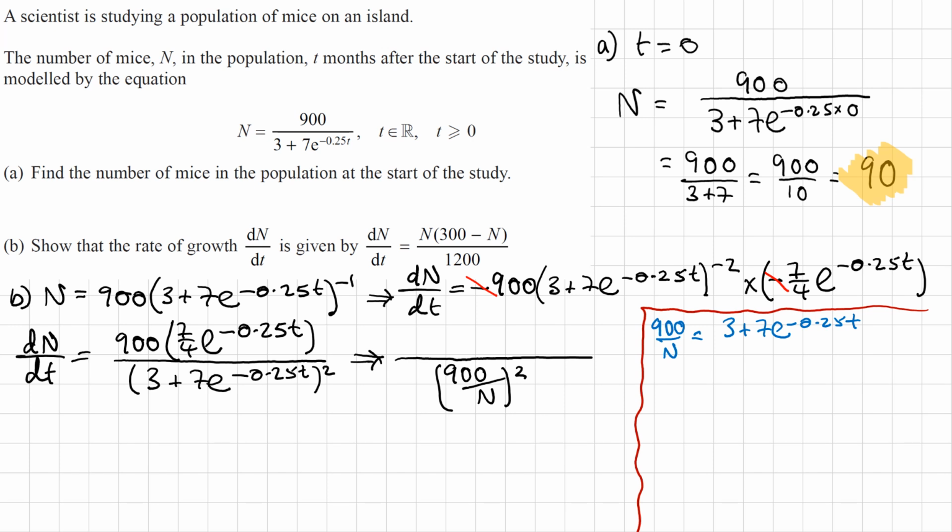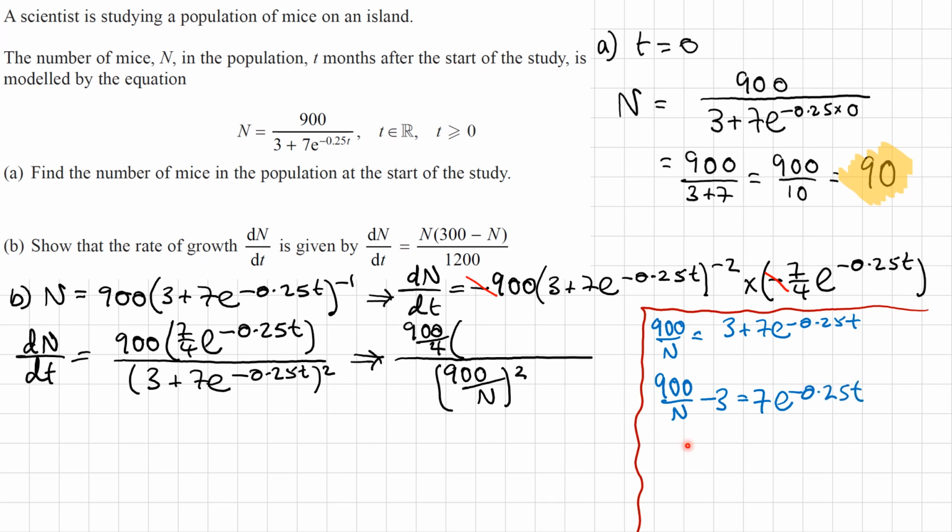Now for the numerator, I've basically got something very similar here, but I've got 7 over 4. Just to make things a little bit easier, I'm going to take that 4 out. So I'll write 900 over 4 here, which will then just leave me with 7e to the negative 0.25t. So in other words, I can take what I've just worked out here, and if I take 3 away from both sides, I'll end up with 7e to the negative 0.25t.